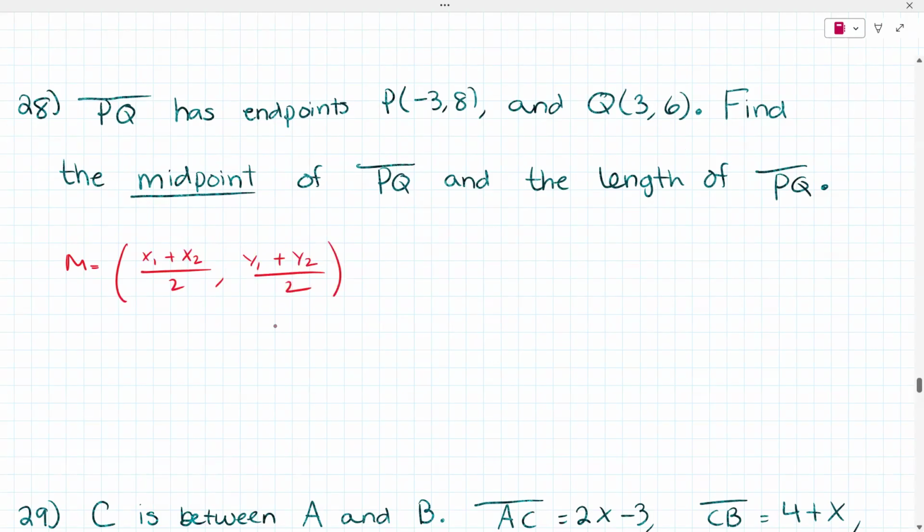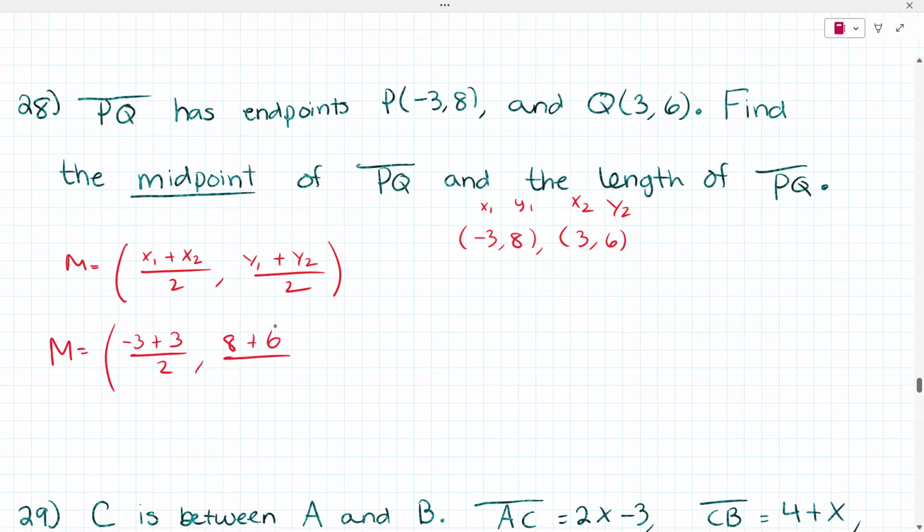My two points are (negative 3, 8) and (3, 6). I'll call these x1, y1, x2, y2. x1 is negative 3, x2 is 3, y1 is 8, y2 is 6, over 2. Negative 3 plus 3 is 0. 8 plus 6 is 14 divided by 2, which is 7.